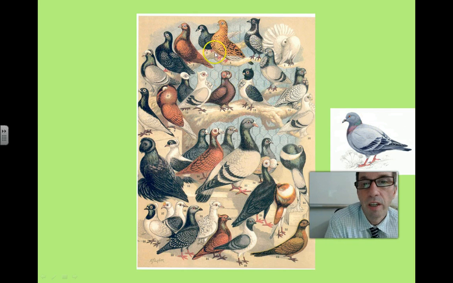And in nature, if these were the offspring, they wouldn't live very long because they stand out. They stick out like a sore thumb, or these feathers on the feet clearly must be an impediment to movement if you're trying to run away from a predator or fly away fast from a predator.